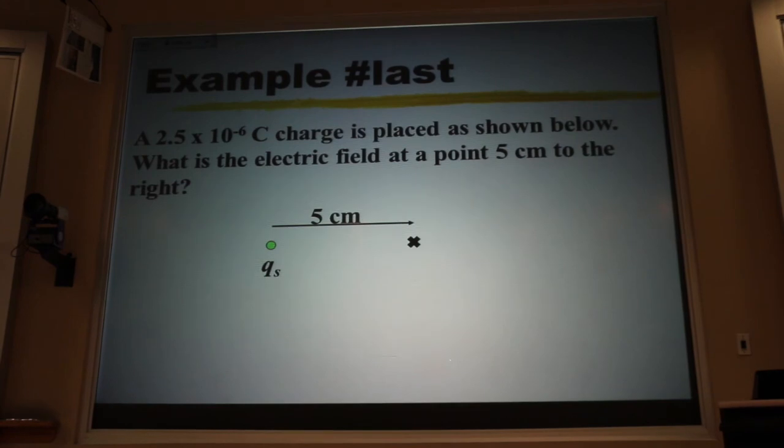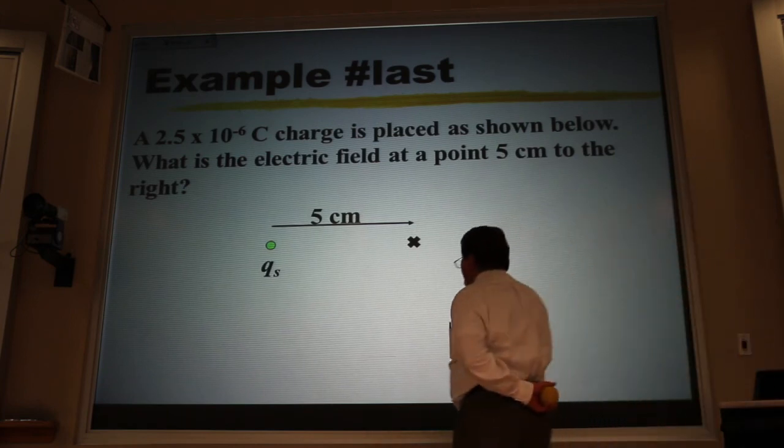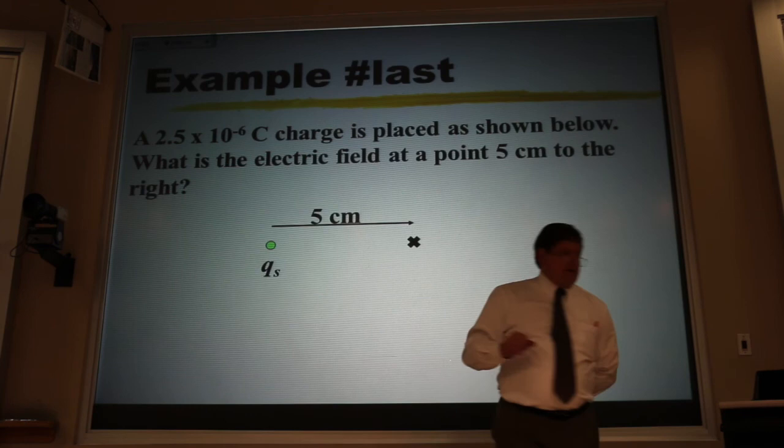Now let's look at the last example. I have a 2.5 microcoulomb charge. It's placed right there. And we want to find the electric field at a point 5 centimeters to the right. Now folks, what direction is that field going to point? To the right. Okay?